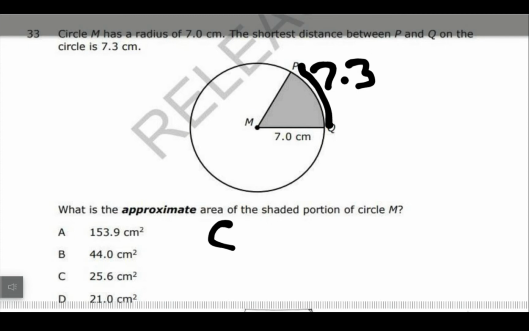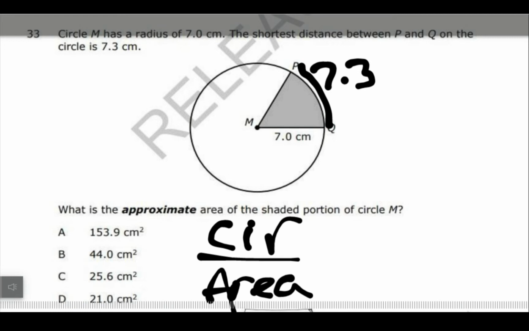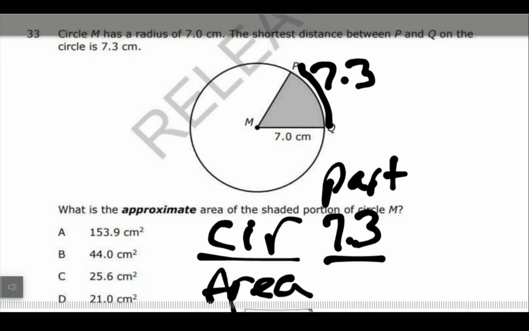So what we have to do is a proportion comparing the circumference and the area. All right, because those are the only two things they gave us. They gave us, for instance, the circumference of the part of the circle, which is 7.3. And for the part, we want to figure out the area.